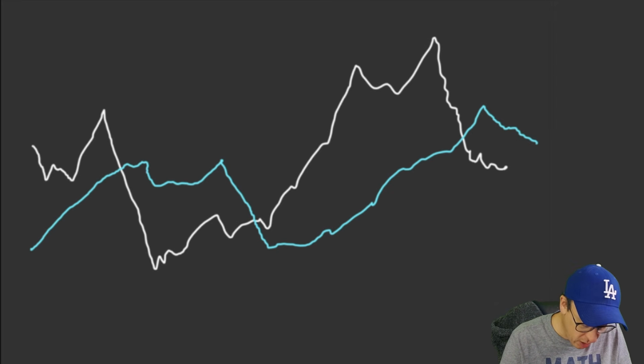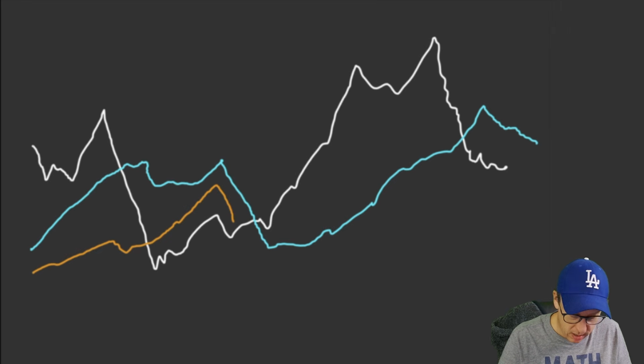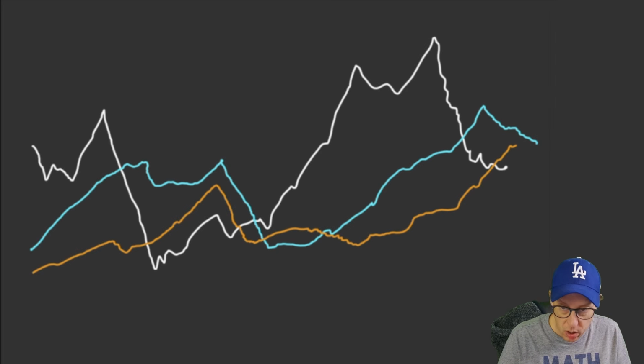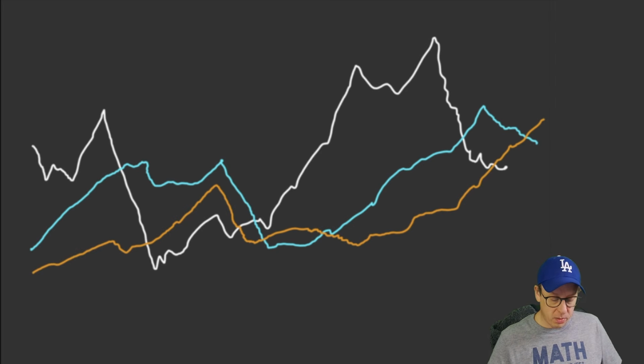Span B starts off something like this, expands, then contracts, goes down in here, and then expands further. So span A is blue, the price data is white, and span B is orange.